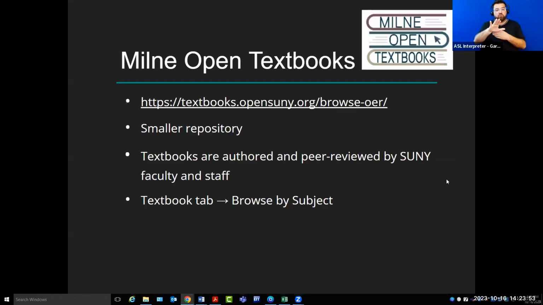MILN is affiliated with OpenSUNY. This is a smaller repository, and the textbooks are authored and peer-reviewed by SUNY faculty and staff. You'll want to go to the textbook tab and browse by subject. That's probably the easiest thing to do there.